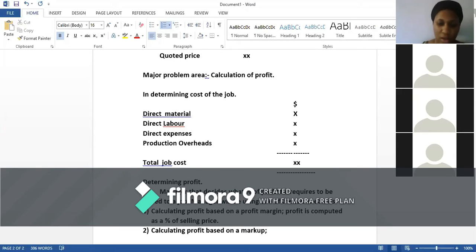So we are saying markup is when profit is calculated as a percentage of the total cost of production.